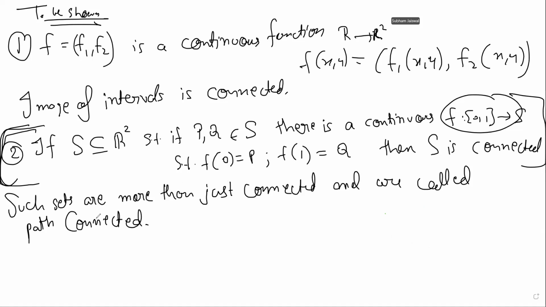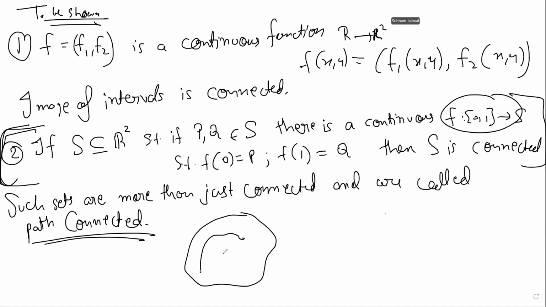Okay, in any case, what's the definition of a path connected set? Don't go by the definition that it should be connected. We have proved that it is connected. But the definition is that between any 2 points inside the set, there is a path. And by path, we have to be very precise.